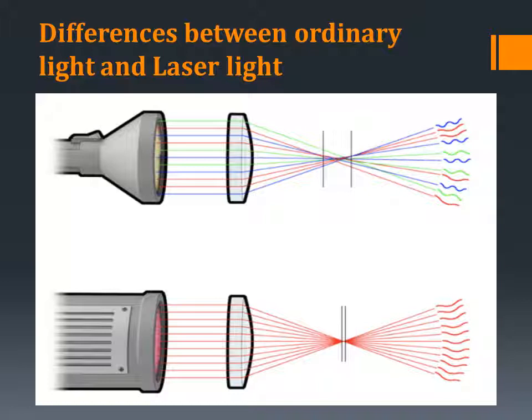Also, at the output side, the waves are of different colors, moving in different directions, and they are not in phase. Whereas in the second picture, we have the same color, the waves are moving in one particular direction, and all these waves are in phase with each other. Let us put all these differences which we have just seen in scientific terms in the coming slide.